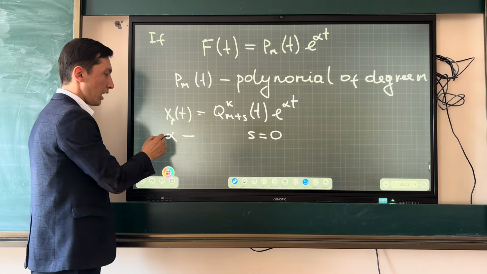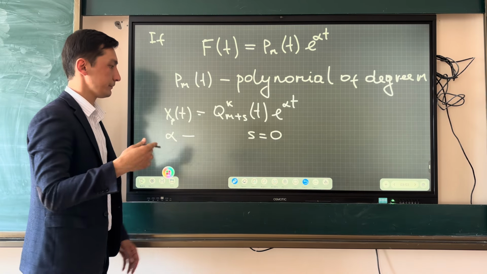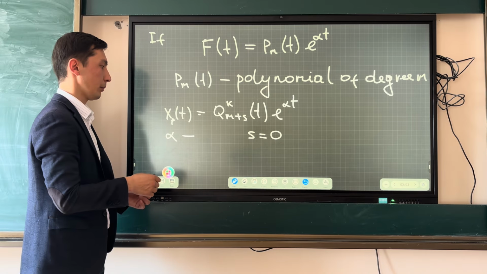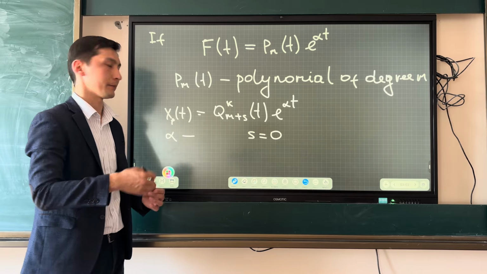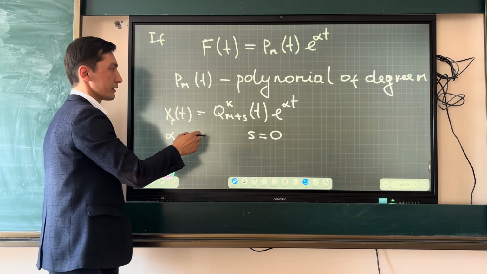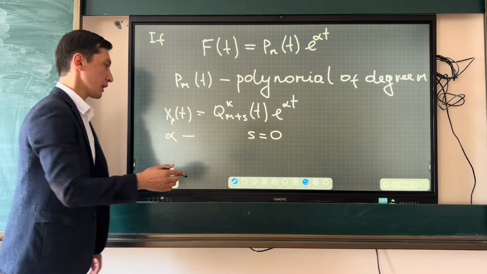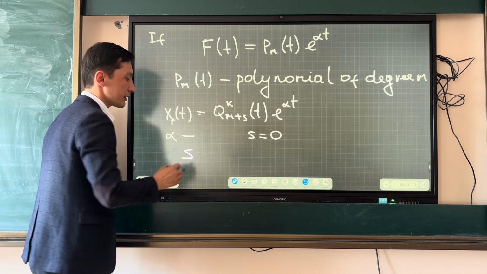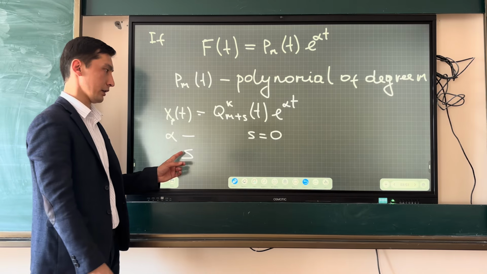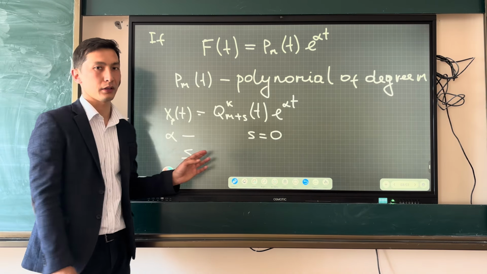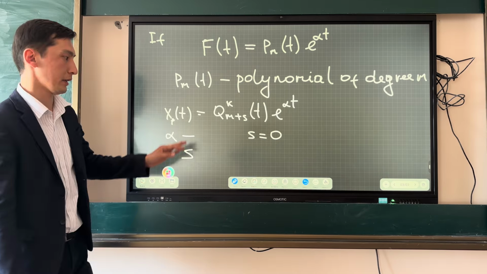If alpha is a root of the characteristic equation, then s is the multiplicity of alpha.